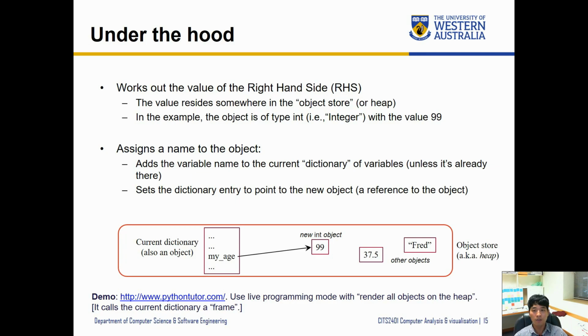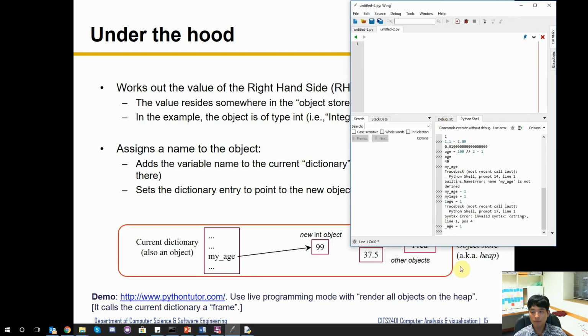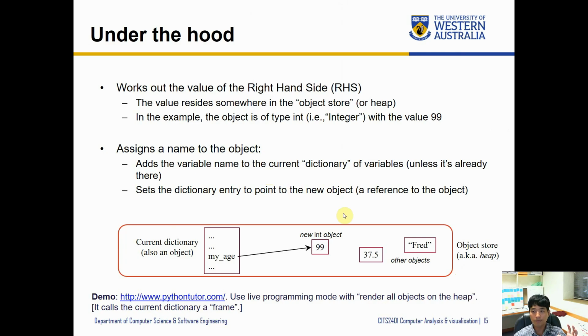Okay, so in this example, my_age equals 99. When I type this, what's actually happening is in the computer we have the memory space called the heap.